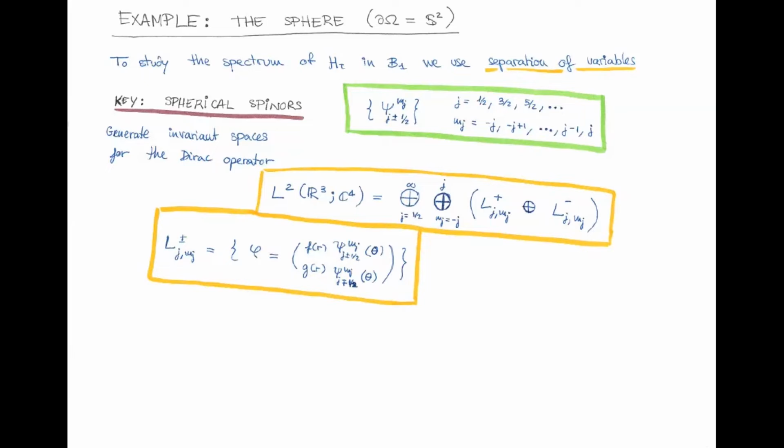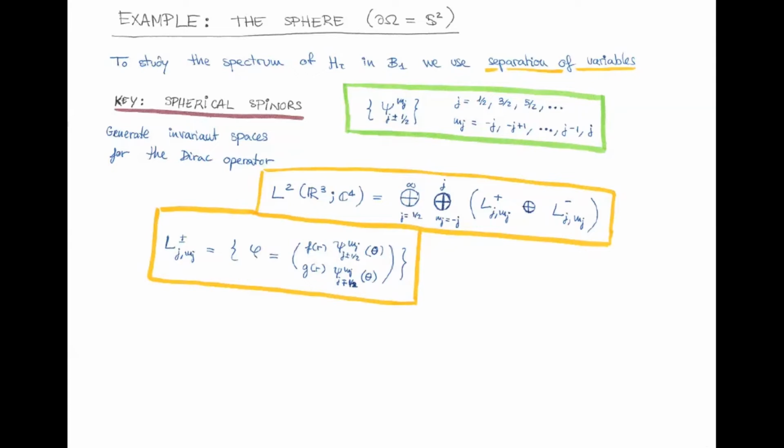So for each half integer, then for each mj that goes from minus j to j, you have two, one with the plus, one with the minus, that are spaces of functions of this form. You have a radial part, and here you have the spherical spinor, this with the plus and this with the minus, or the other way around if you consider the minus.